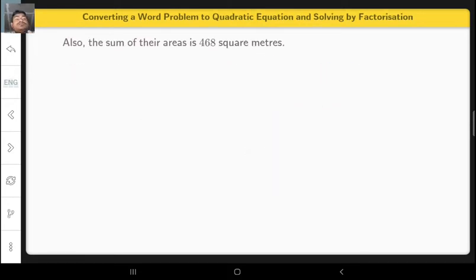Also, the sum of their areas is 468 square meters. So we can write x squared plus (6 plus x) whole squared is equal to 468. On simplifying it, we get 2x squared plus 12x minus 432 is equal to 0.